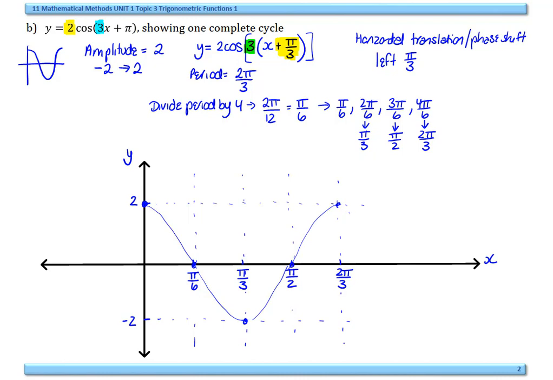Now, our horizontal translation was to the left, pi on 3. So 2 graduations on this x-axis is equal to pi on 3, which you can see there. So what I'm going to do is extend my x-axis in the negative direction, negative pi on 6, negative pi on 3, so I can move this curve back.